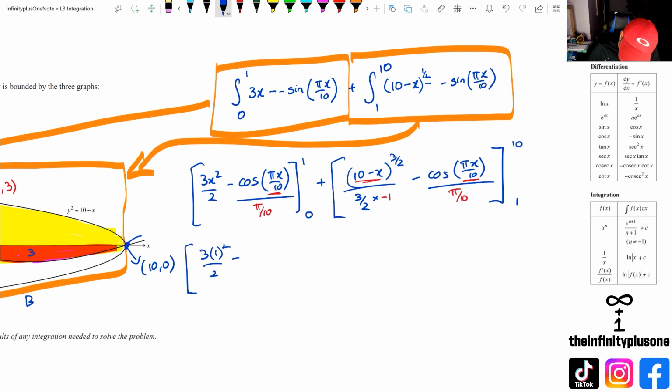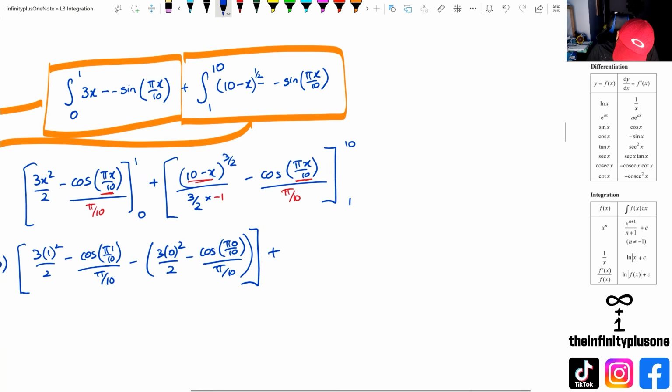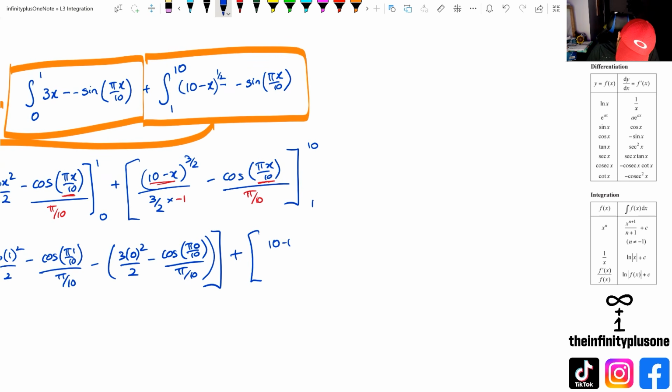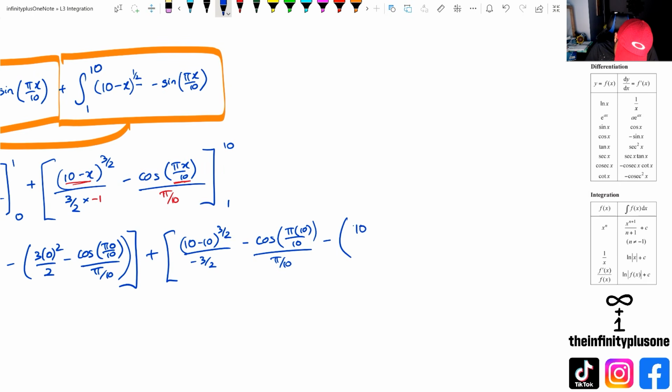So it's 3 times 1 squared over 2 minus cos pi times 1 over 10 over pi over 10, minus 3 times 0 squared over 2 minus cos of pi times 0 over 10 over pi over 10, plus, now doing the second bracket, 10 minus 10 to the power of 3 over 2 over negative 3 over 2 minus cos of pi times 10 over 10 divided by pi over 10, minus 10 minus 1 to the power of 3 over 2 over negative 3 over 2 minus cos pi times 1 over 10 divided by pi over 10.